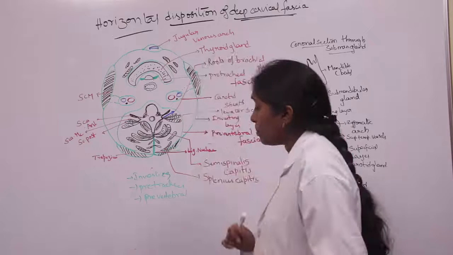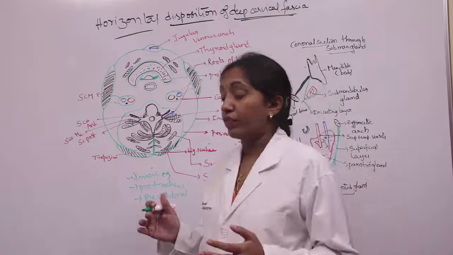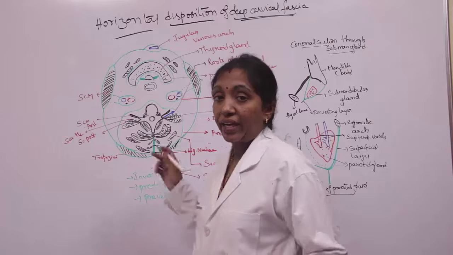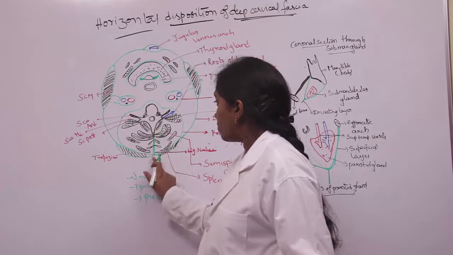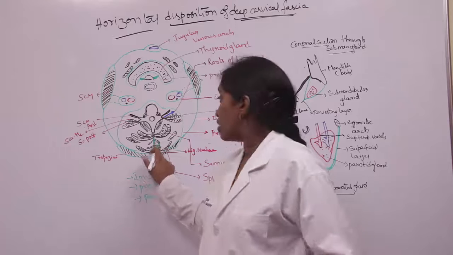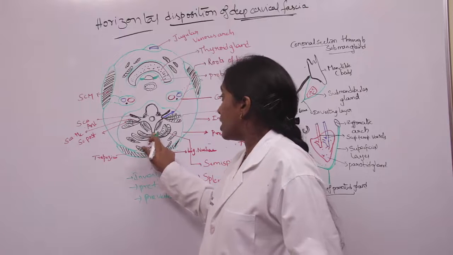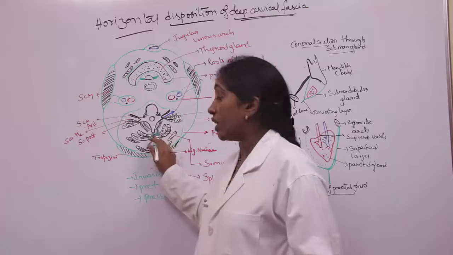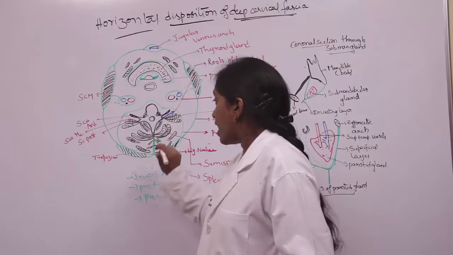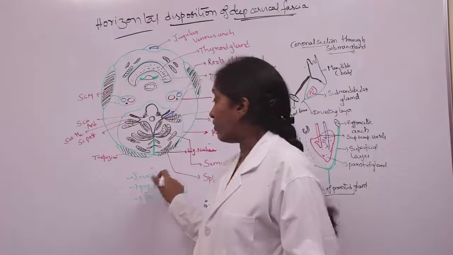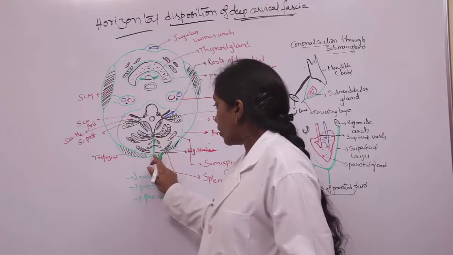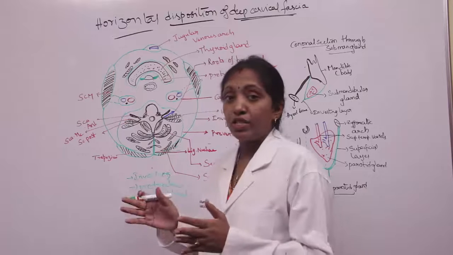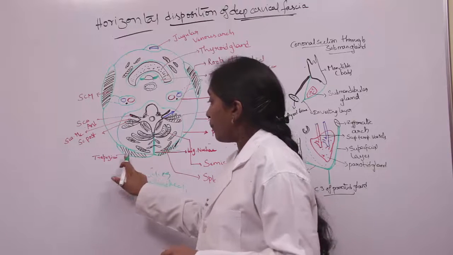Tracing the deep cervical fascia behind, from the ligamentum nuchae. So this is the ligamentum nuchae, extending from the spine of the seventh cervical vertebra, and the investing layer of deep cervical fascia extends from the ligamentum nuchae, and here it splits into two to enclose the trapezius muscle.